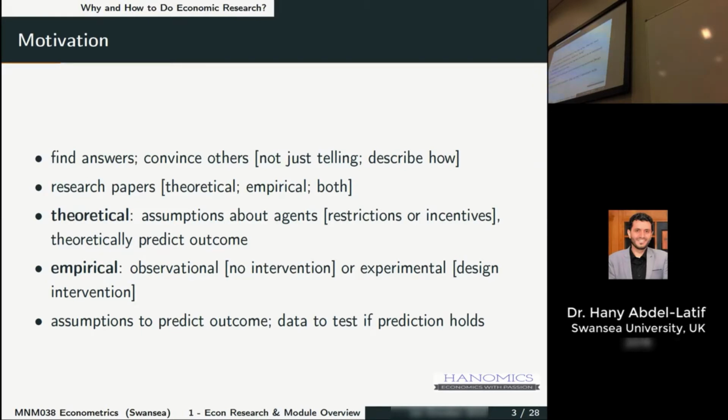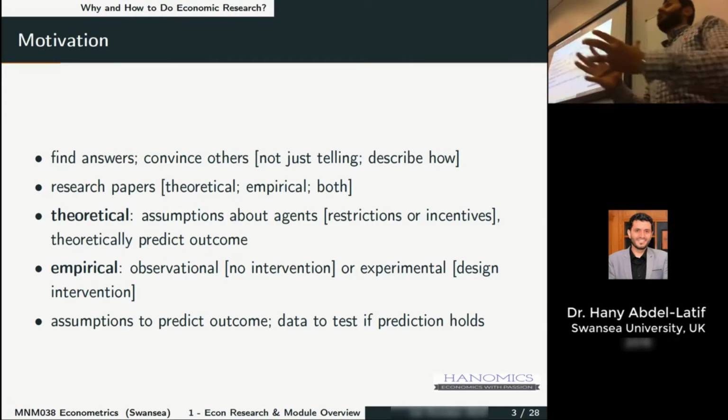We're trying to find answers and to convince people that this is a good answer. We can't just tell them the answer. We need to explain how we came to that answer. You need to describe how you came to this conclusion.